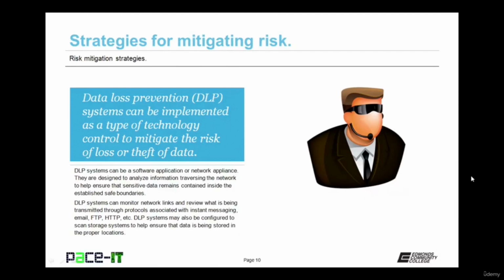DLP systems can monitor network links and review what is being transmitted through protocols associated with instant messaging, email, FTP, HTTP. DLP systems may also be configured to scan storage systems to help ensure that data is being stored in the proper location.